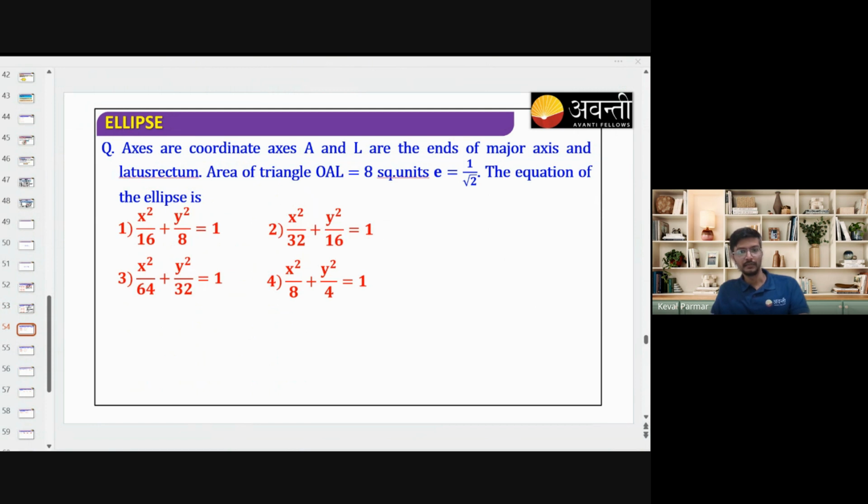So I start the question, or I read the question. Axes are coordinate axes. Okay, here it is a full stop, right, guys? A and L are the ends of the major axis and the latus rectum.